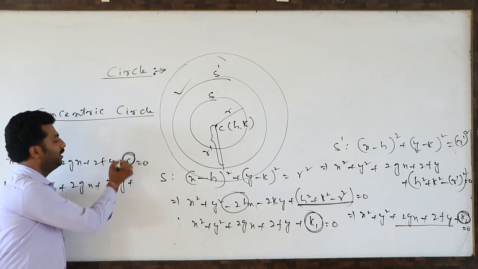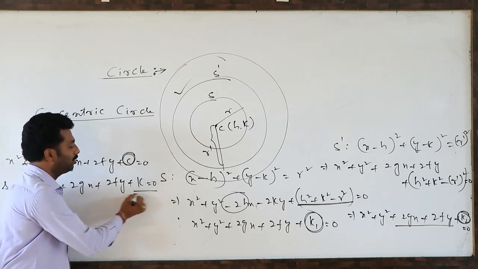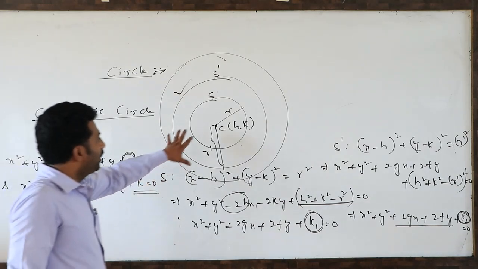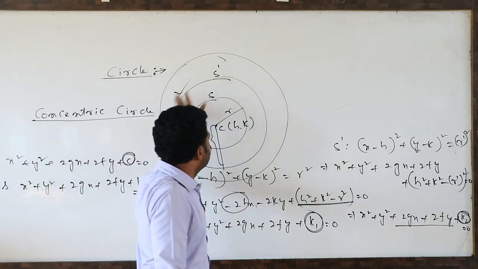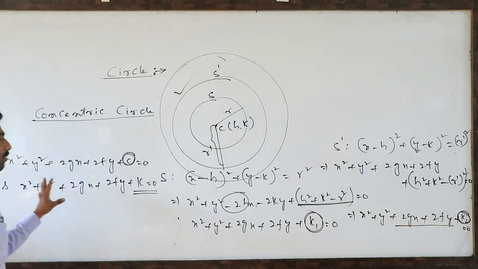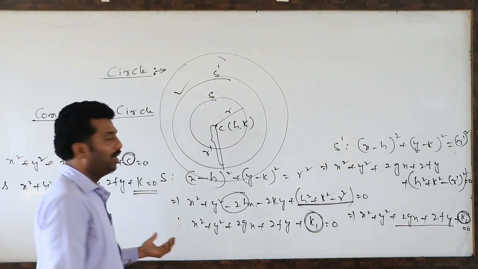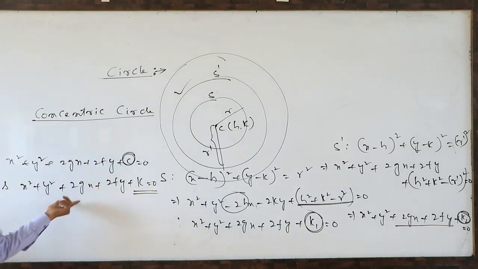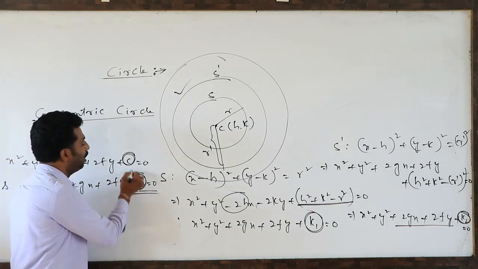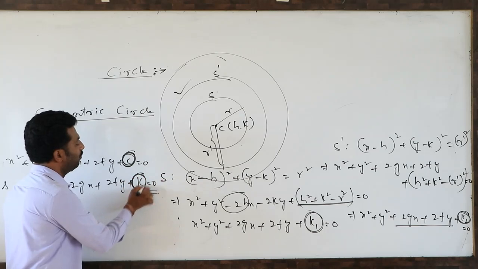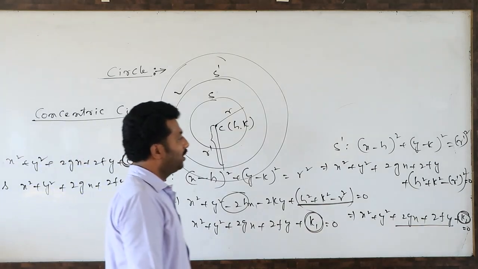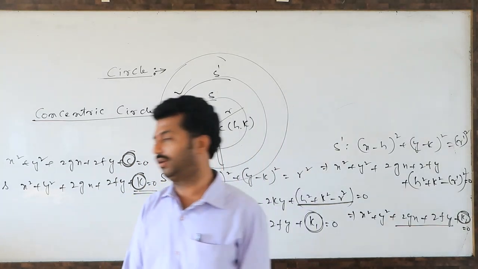This is a constant, so here another constant will come. This is the concentric circle. So geometrically we can identify like this whether the two circles are concentric or not. Mathematically, by comparing their equations: how to guess whether they are concentric or not? Only if the two equations differ by only constants. That is the identification for whether the two circles are concentric or not.